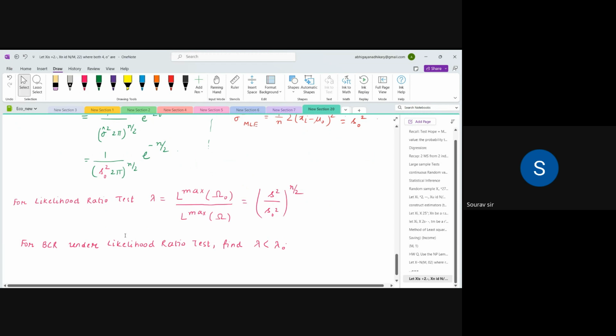Correct? This will be the best critical region for the test.